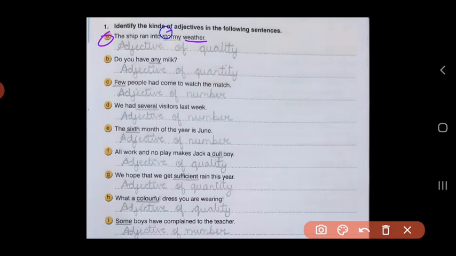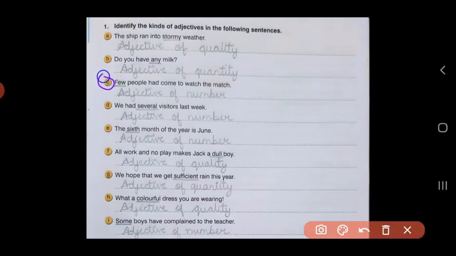I will get the answer, stormy. So stormy here will become adjective of quality. B, do you have any milk? My noun is milk. Milk will be an uncountable noun and any is not something that can be counted. So any becomes adjective of quantity.